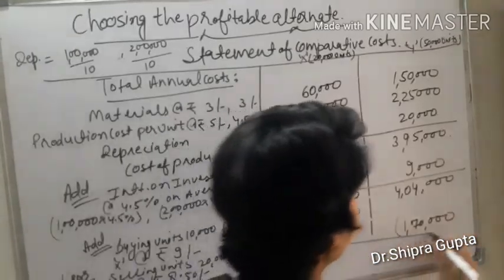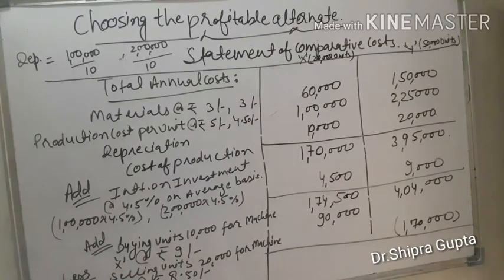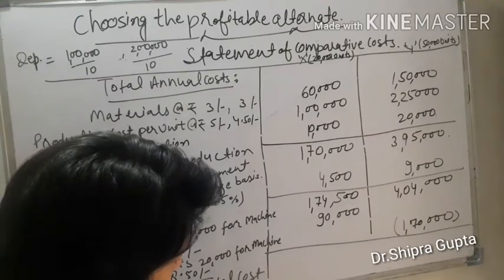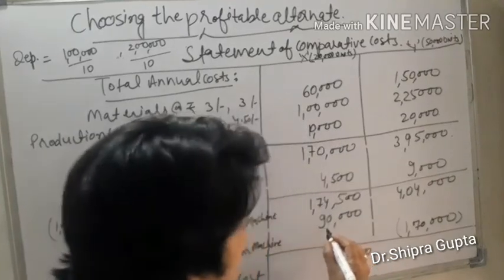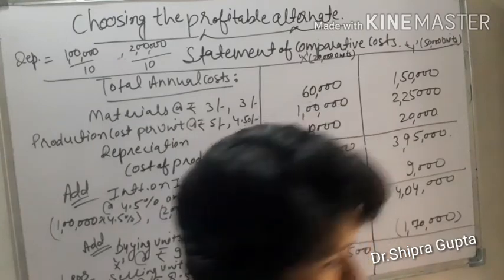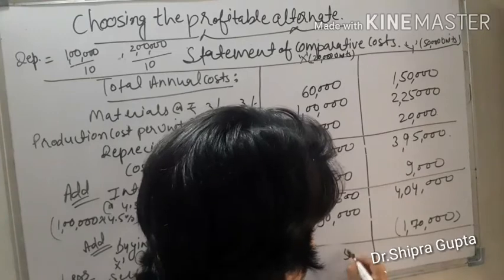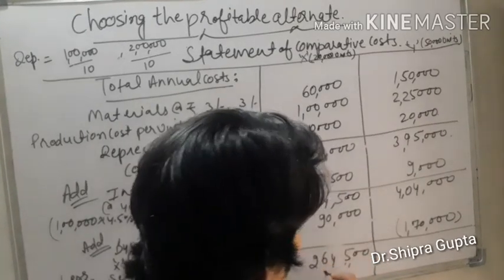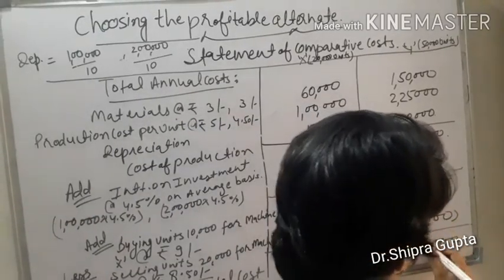Then we solve these values. We add the buying units' cost to the total cost, giving 2,64,500, and from this we deduct the value of the selling units, because these are selling units, giving 2,34,000 rupees.